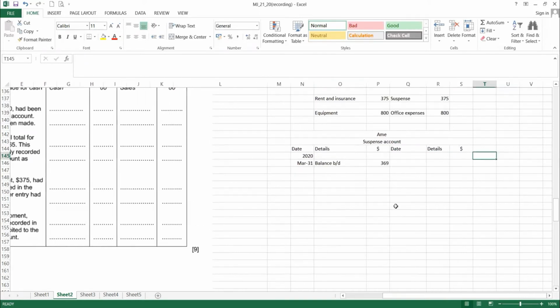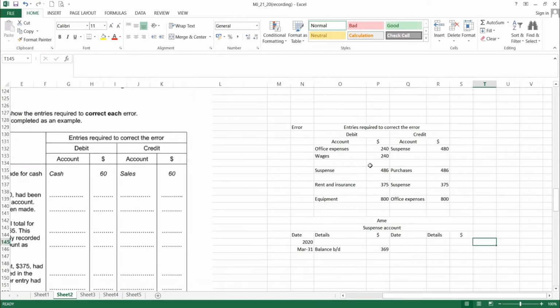Okay, the next thing, debit and credit, because we already done this account. If you saw the suspend, this one in the credit side, so you put into the credit side. The date is all the last date.